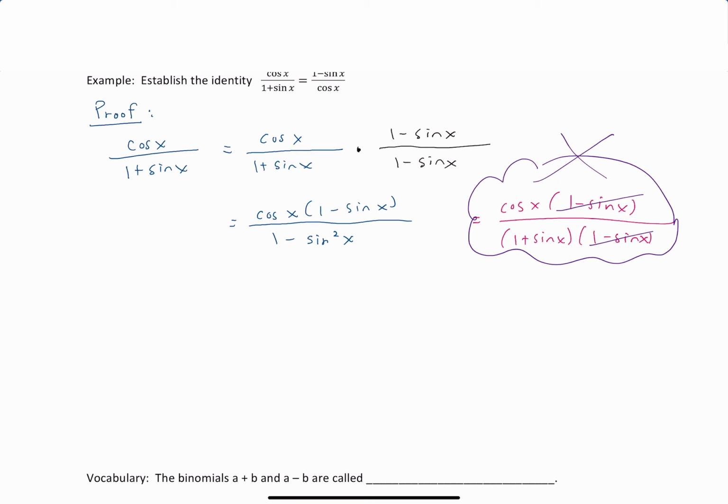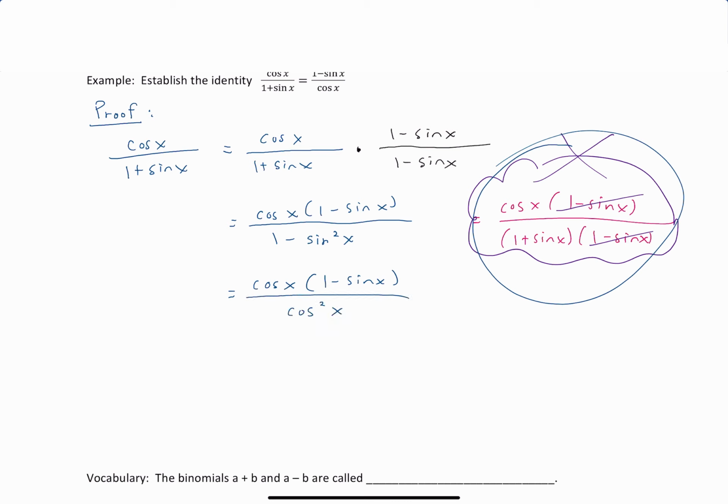Well, I could factor that denominator and cancel, but then I'd just be back to this circular thing. Is there something else I could do that's not algebra, that's maybe using a trig identity? Well, yes, there is. Because 1 minus sine squared is the same thing as cosine squared.